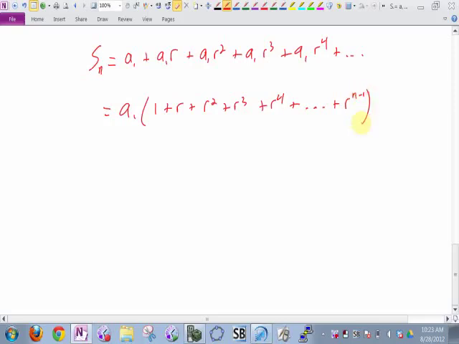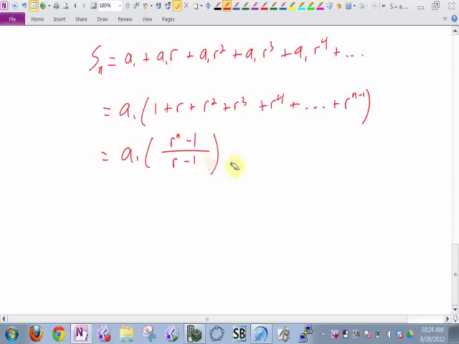I think we want to say n minus 1. Right? Because won't the nth term be r to the n minus 1? So then this becomes a1 times, according to this pattern, r to the n minus 1 over r minus 1. And that's the formula right there.